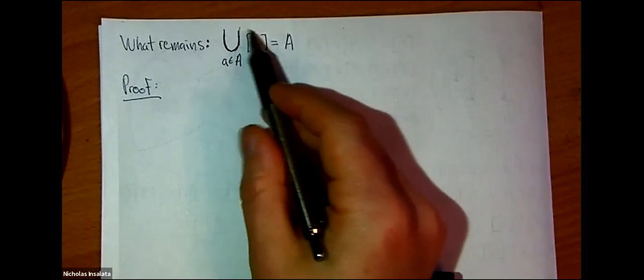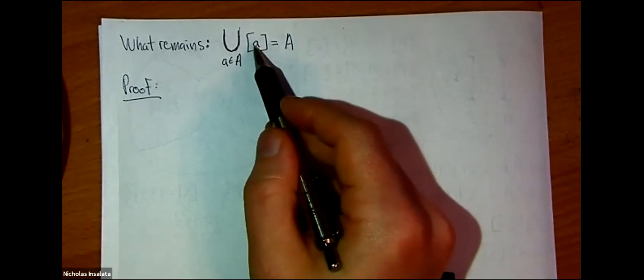What are these objects? What is this union of equivalence classes? What is this A? What are those things mathematically?